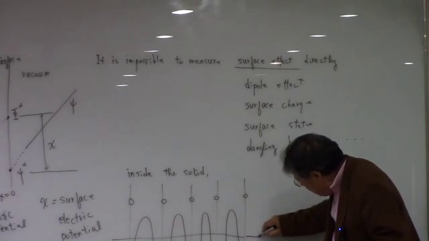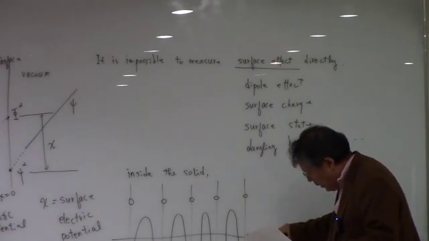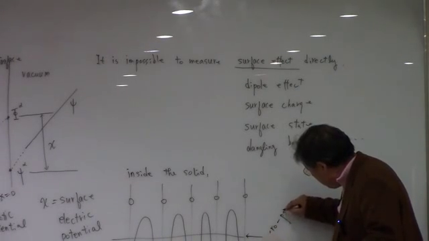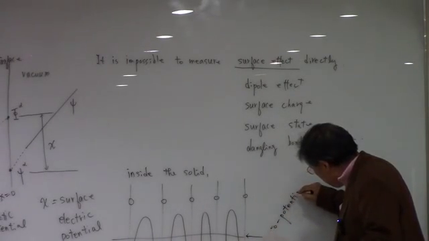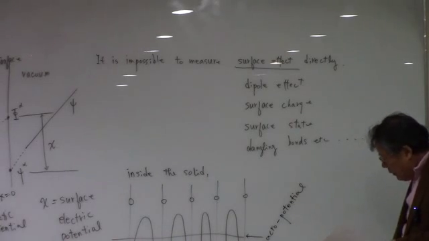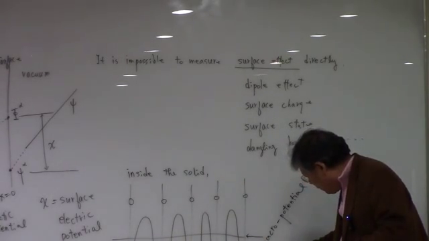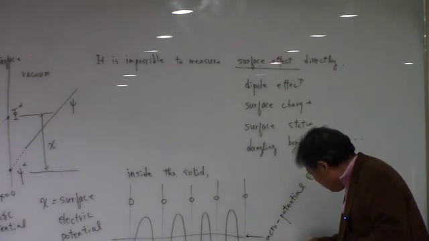So this average value is a macro potential. And this is the micro potential.